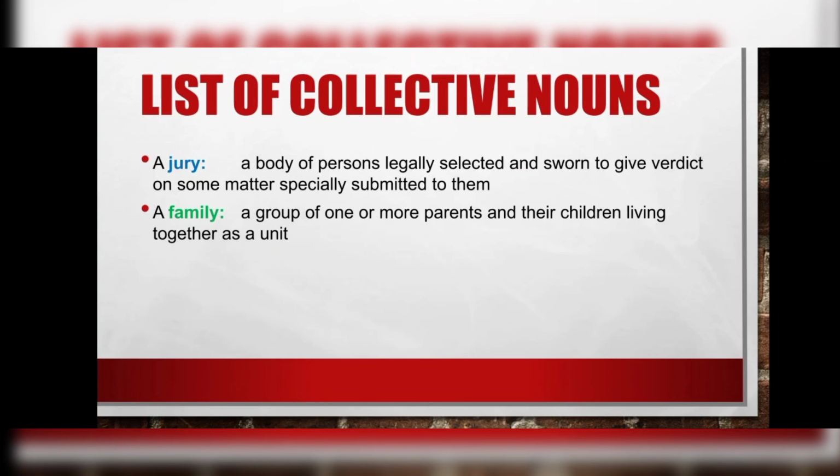Similarly, we have a collective noun, that is a family. Family is also a group of one or more parents and their children living together as a unit. In your context, we simply say that I belong to a very good family, or we can say that my family is really very supportive or caring.